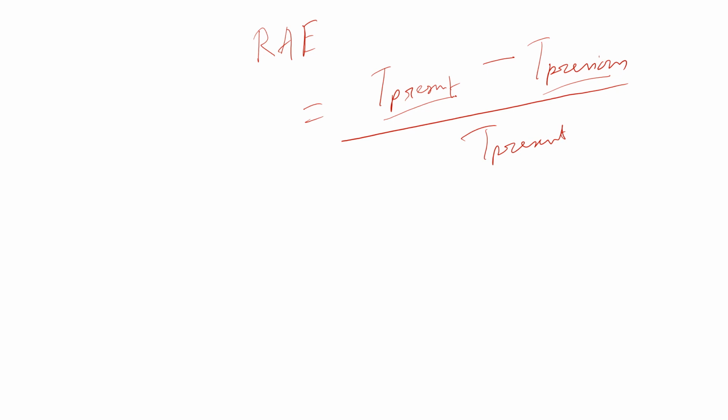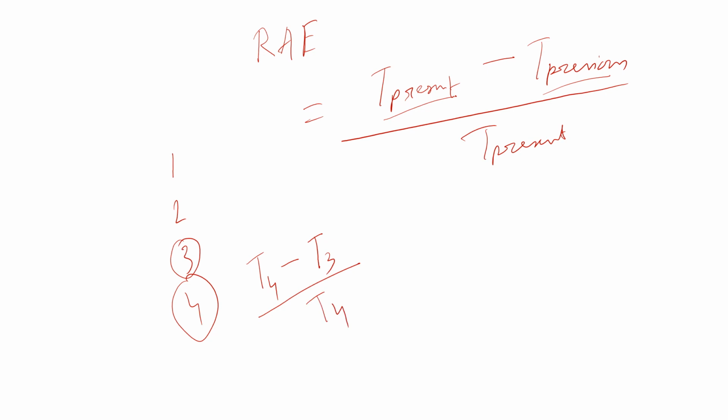Divided by T present. That means if you are in the 4th iteration, then T present will be the temperature you have found out after iterating for the 4th time, minus temperature at the previous iteration, this one. Then you divide it by T4 again.